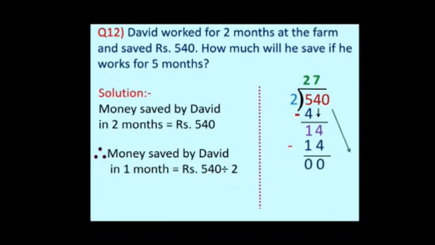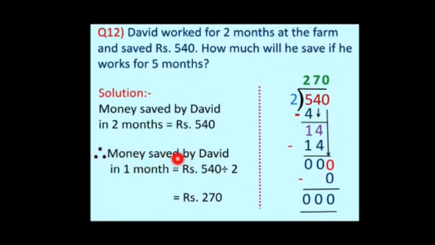Then we will bring down 0 here. Then 2 zeros are 0. 0 minus 0 will be 0. So the answer is rupees 270. Okay. So money saved by David in 1 month is rupees 270.